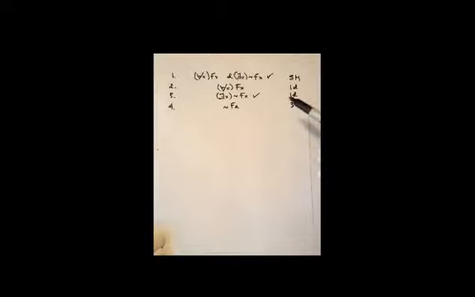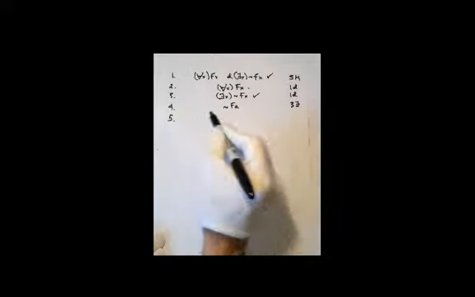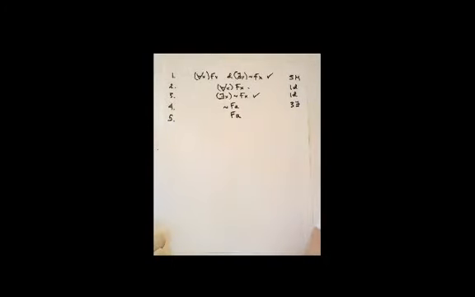Now, when I look at my tree and evaluate what I have, I see that I have a universally quantified sentence on line 2 that says that for any x, f of x. And if that's true for any x, it's going to be true for a. And so I can instantiate that sentence to a and write down f of a as line number 5 from line number 2 by universal decomposition, and of course the tree closes.